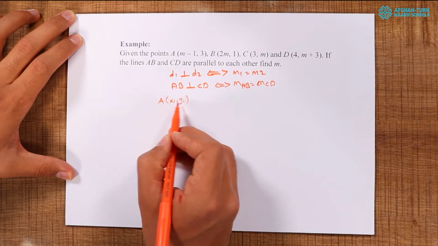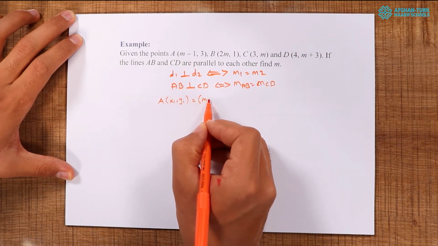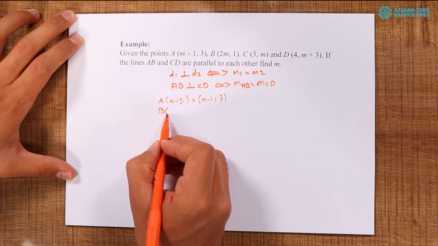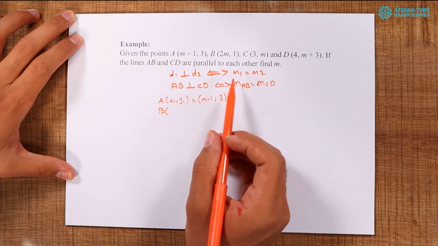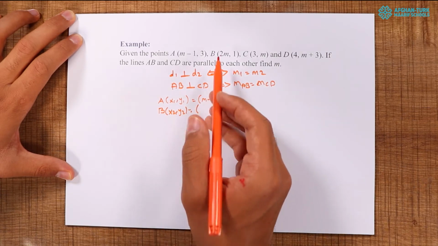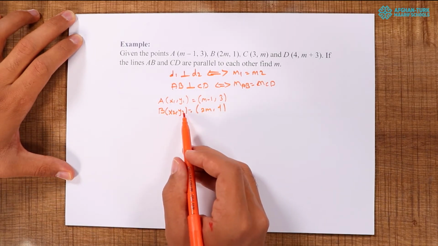So we have A point with x1 and y1 coordinate. So what's x1 and y1? m minus 1 and 3. And also we have point B here with coordinate x2 and y2, 2m and 1. Okay, it means x2 is 2m, y2 is 1.